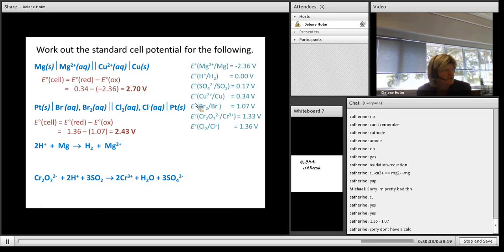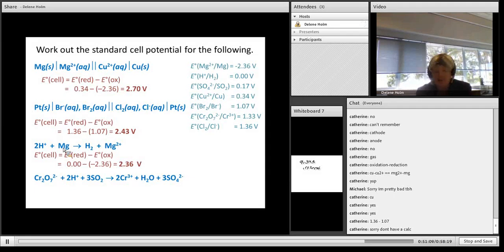If we did this one, again, the hydrogen is gaining electrons, and the magnesium is losing electrons. So hydrogen, of course, is 0, and I subtract the magnesium value. So if I put magnesium metal in acid, if you did a level 1 reaction where you put magnesium in, say, tartaric acid, it fizzes away.